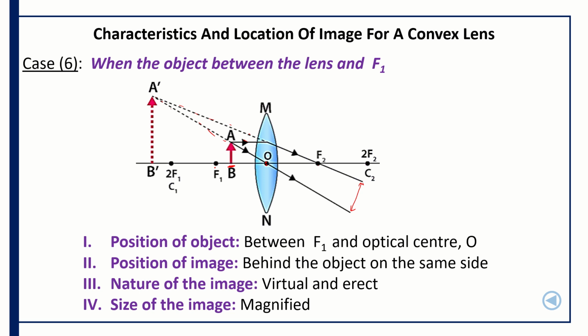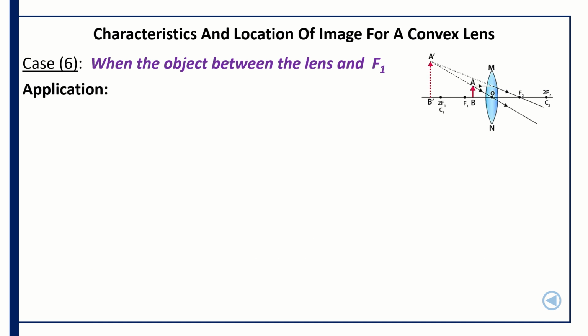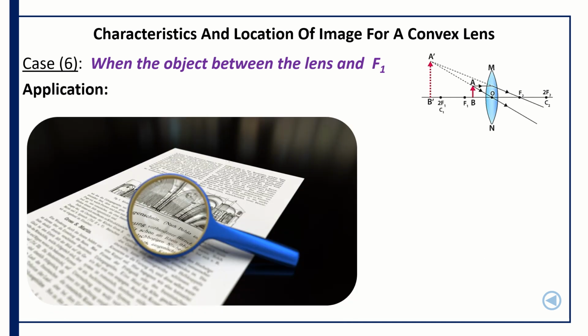What is the size of the image? The image size is magnified. It is not highly magnified, it is a magnified image. So let's try to understand the application of this. We are using magnifying glasses.